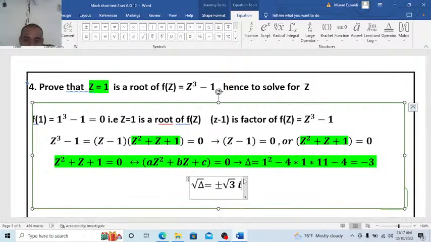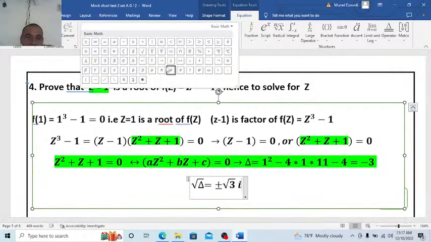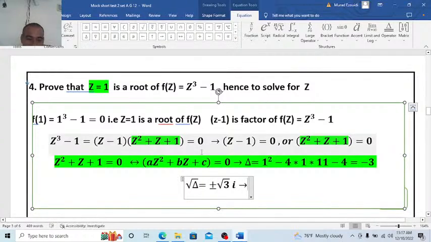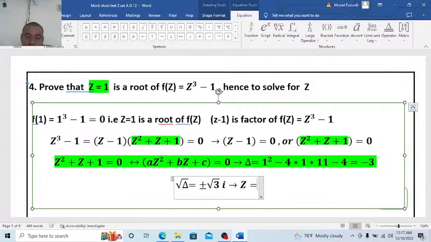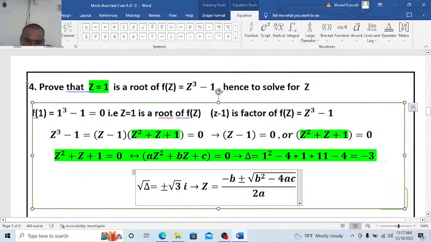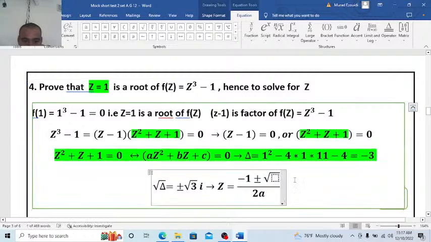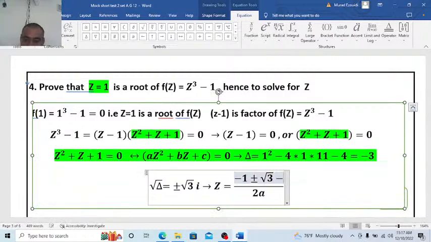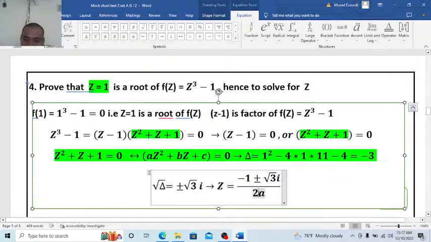So therefore z is equal to minus b, which is minus 1, plus or minus the square root of 3 times i, divided by 2 times 1, which is 2.